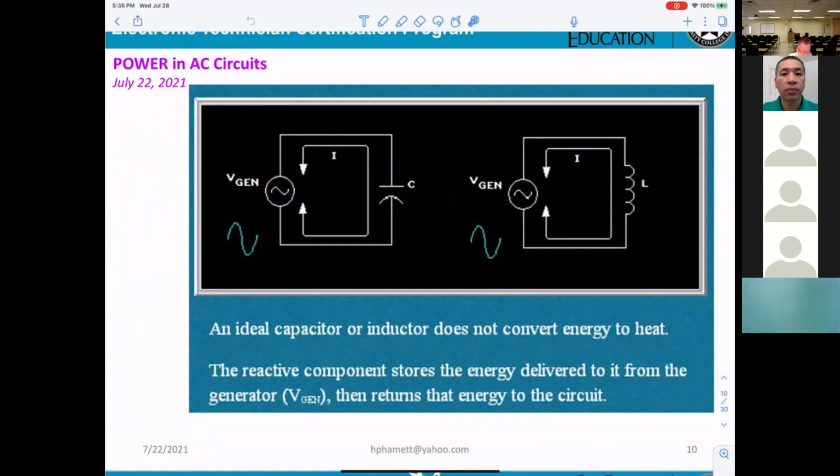The reactive components store energy delivered to them from the generator, then return that energy to the circuitry. So basically, you apply the power from a generator, you get a sine wave. Positive, you get the power going up, negative going down. They return it here. They don't lose anything.